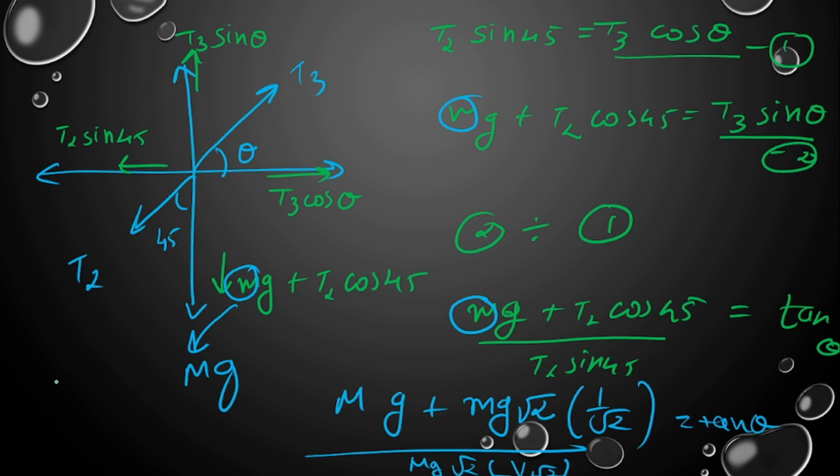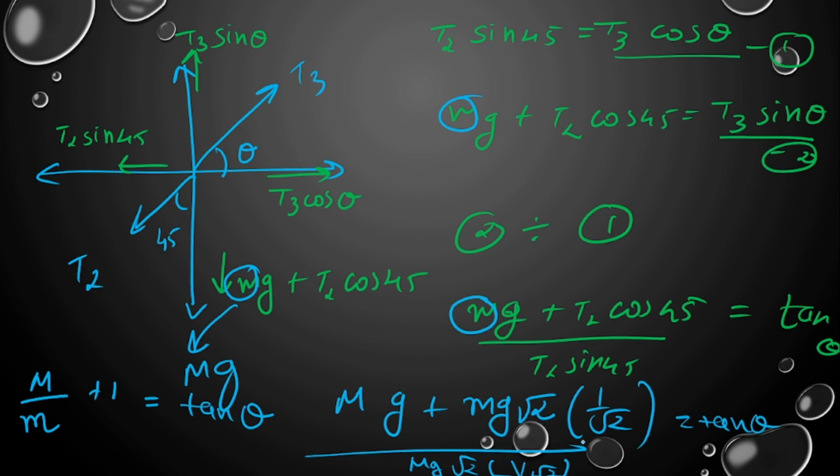Solving, we will get capital M upon small m for the first term, root 2 and root 2 will go, g and g will go, plus 1 equals tan theta.